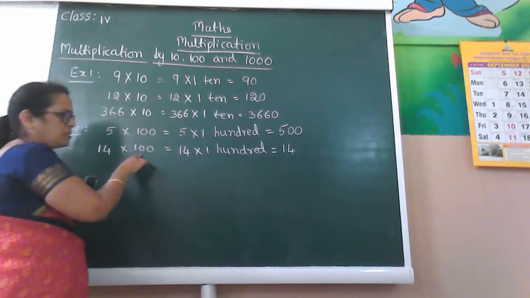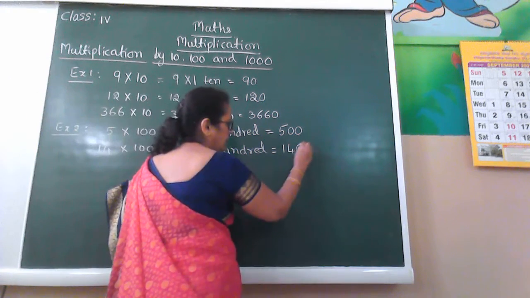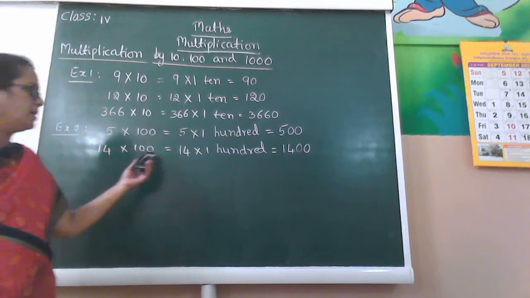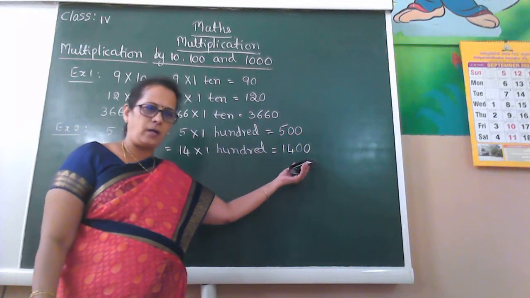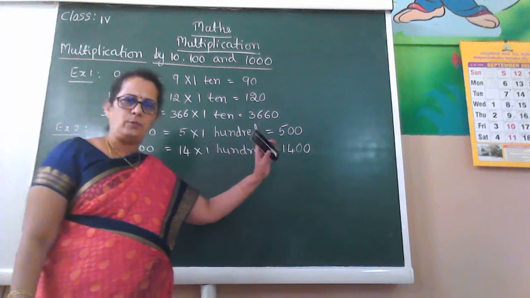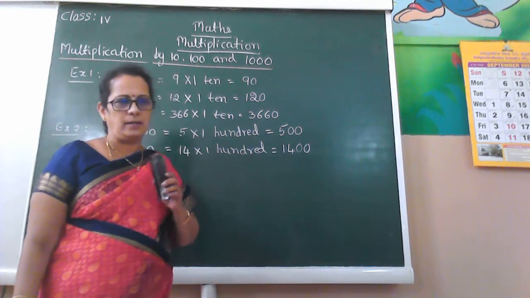Then what about zeros here? There are 2 zeros. So write 2 zeros here. So the product 14 into 100 is 1400, or you can pronounce it as fourteen hundred. Either you pronounce it one thousand four hundred or fourteen hundred.